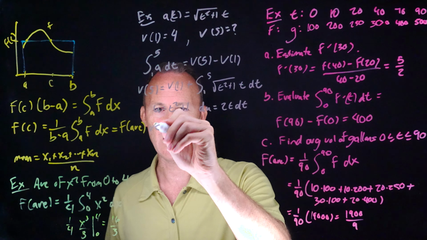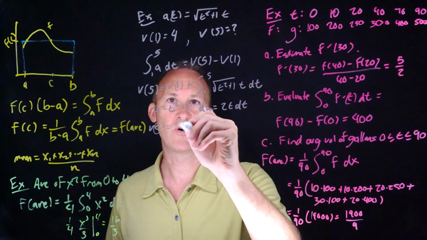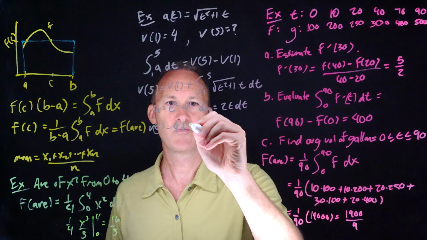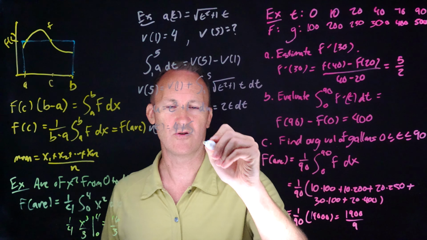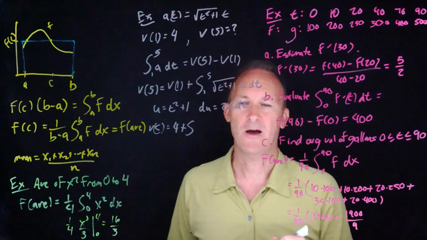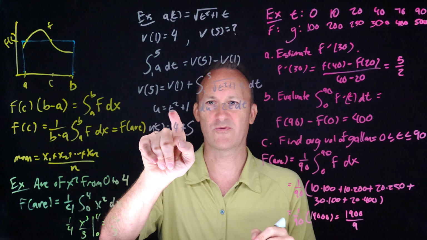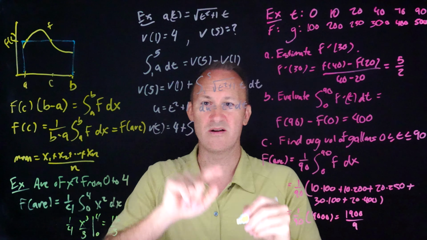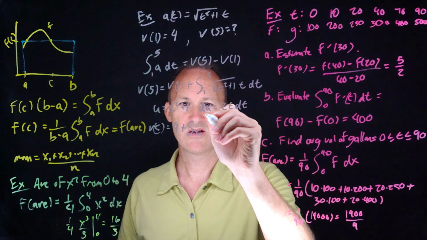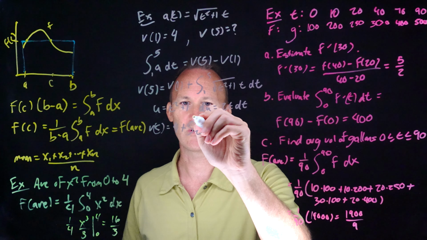So v of 5 equals v of 1, which is 4, plus what? We want the integral from what to what? Let's just switch over to u's. So u here would go from, if t is 1, that'll become 2, and then 5 squared would be 26.